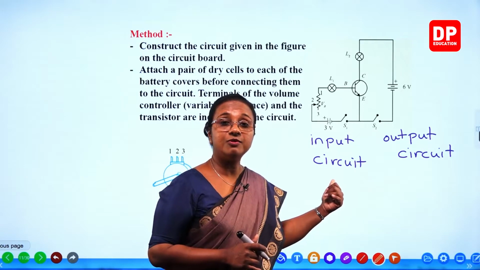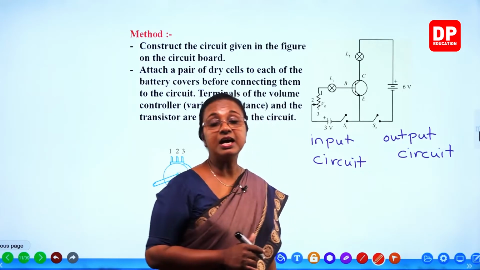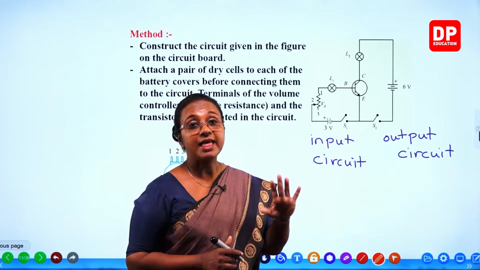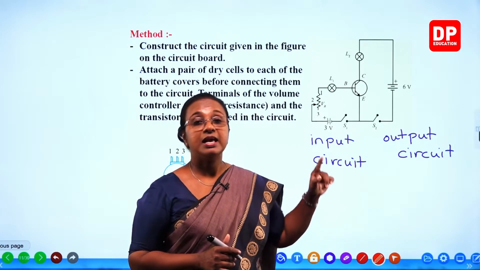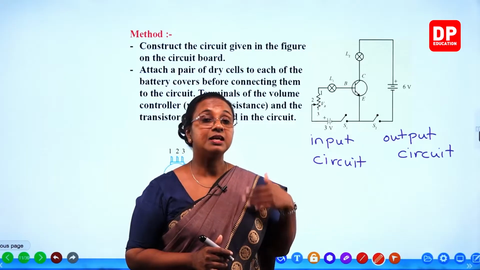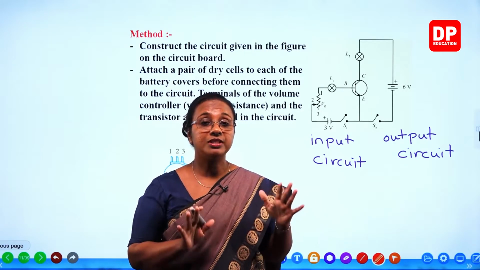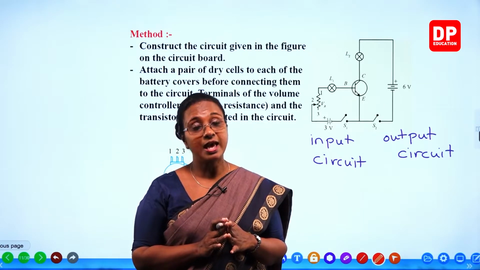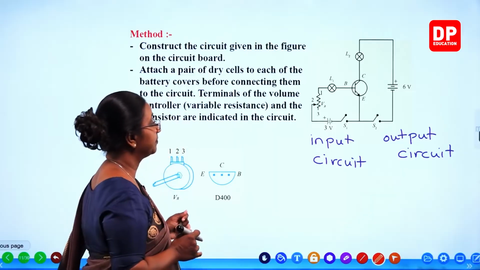And the current that flows through the input circuit is amplified in the output circuit. That is observed from the brightness of the bulbs. L1 will be less bright, L2 will be brighter. So you all know that the current has been amplified. So that is what we need to understand.